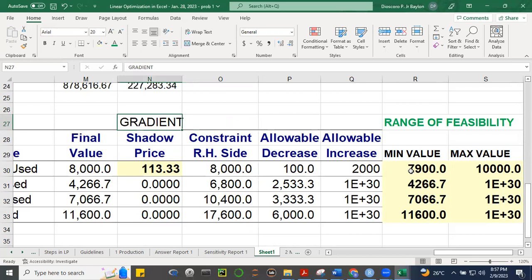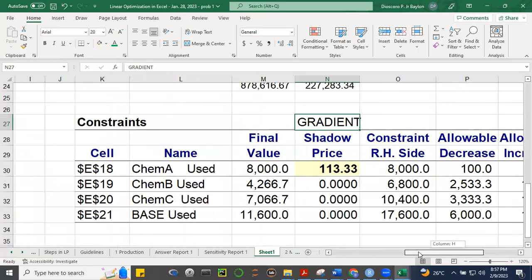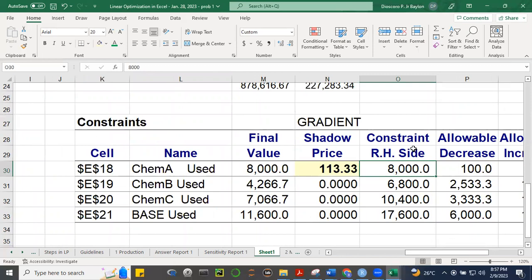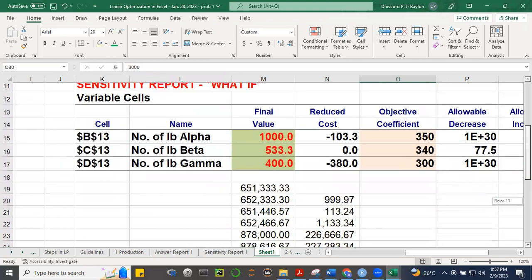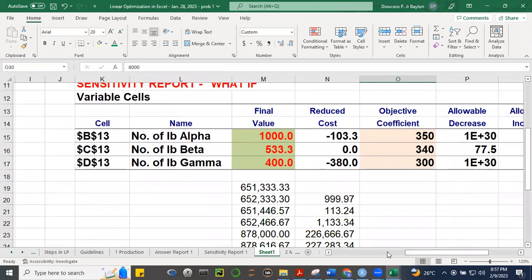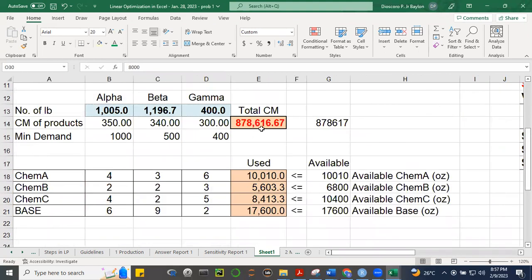So in our case, ang tinitingnan natin dito yung effect ng increase ni chemical A, kasi di ba 8,000 siya. So for every 1 unit increase in chemical A, dun sa right-hand side, yung available na chemical A, it will change the value of your objective function. This one, the value of our objective function is our total contribution margin ito.